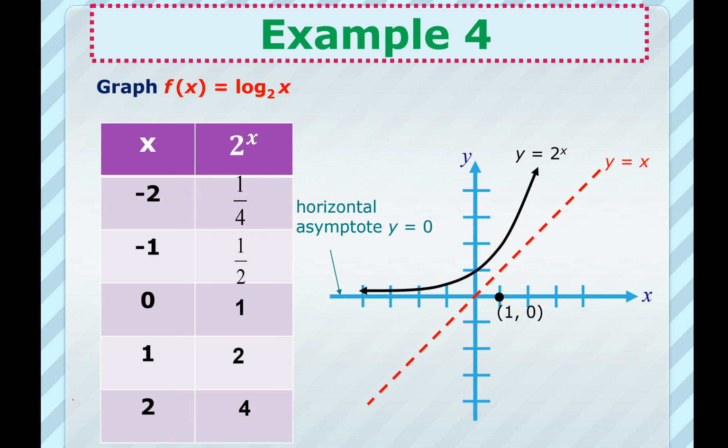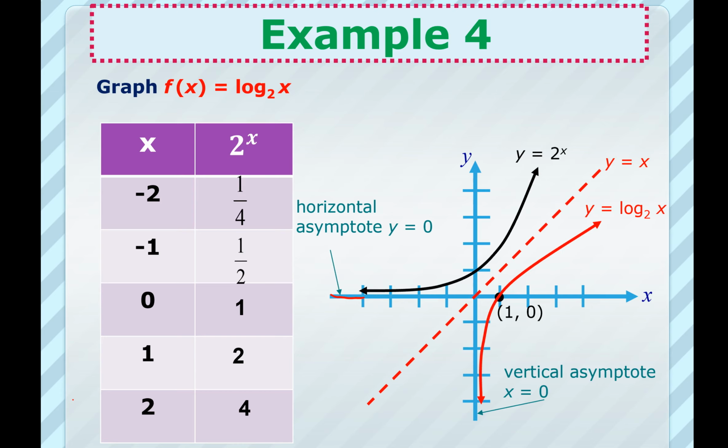I'm going to draw the y equals x line, and then essentially I'm going to swap all those x and y values. I'm going to reflect them across the axis of y equals x, and I have log base 2 of x. Notice we had a horizontal asymptote at y equals 0 when we were graphing 2 to the x.